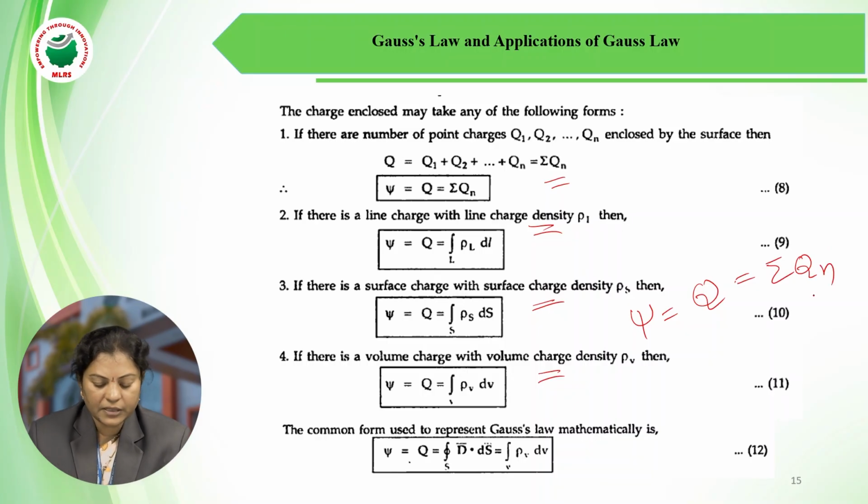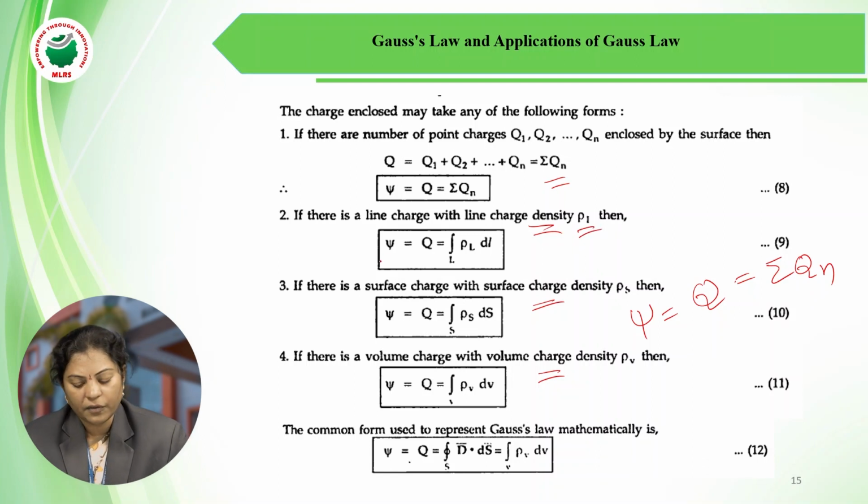If there is a line charge with charge density rho L, then we can define this flux as psi equal to Q, from the Gauss law, line integral of rho L into dl. If the surface charge density is present, then psi equal to integral of rho s into ds. If the volume charge is present, then psi equal to volume integral of rho v into dv.